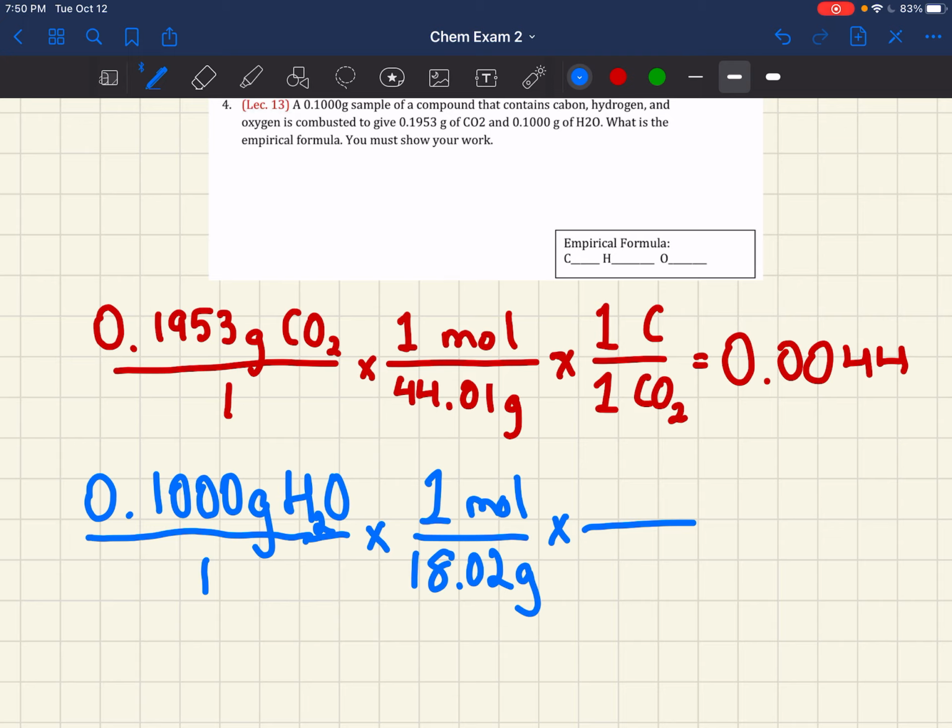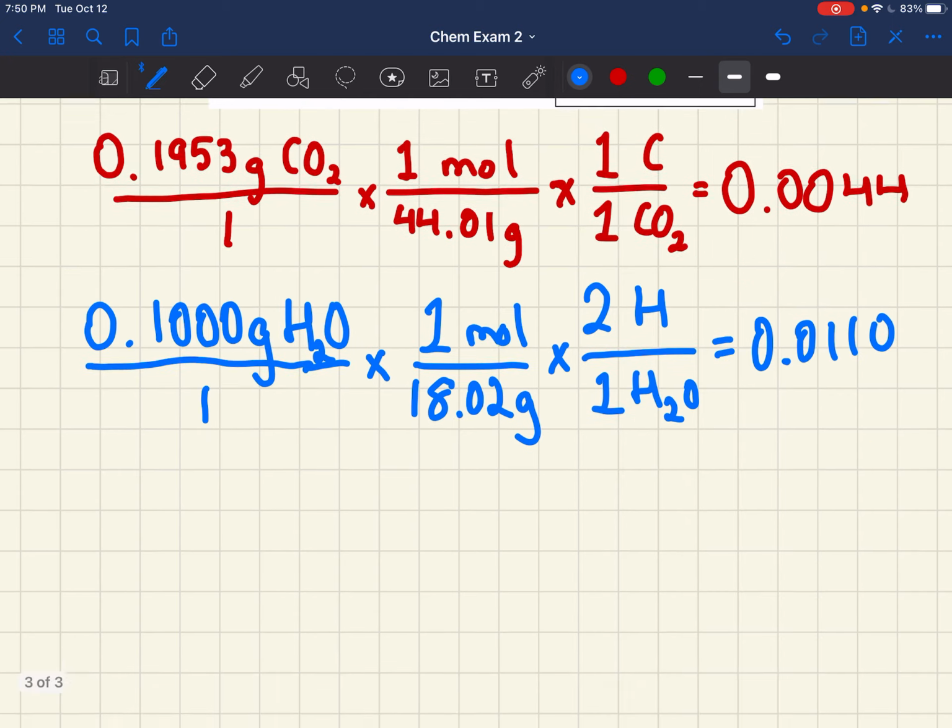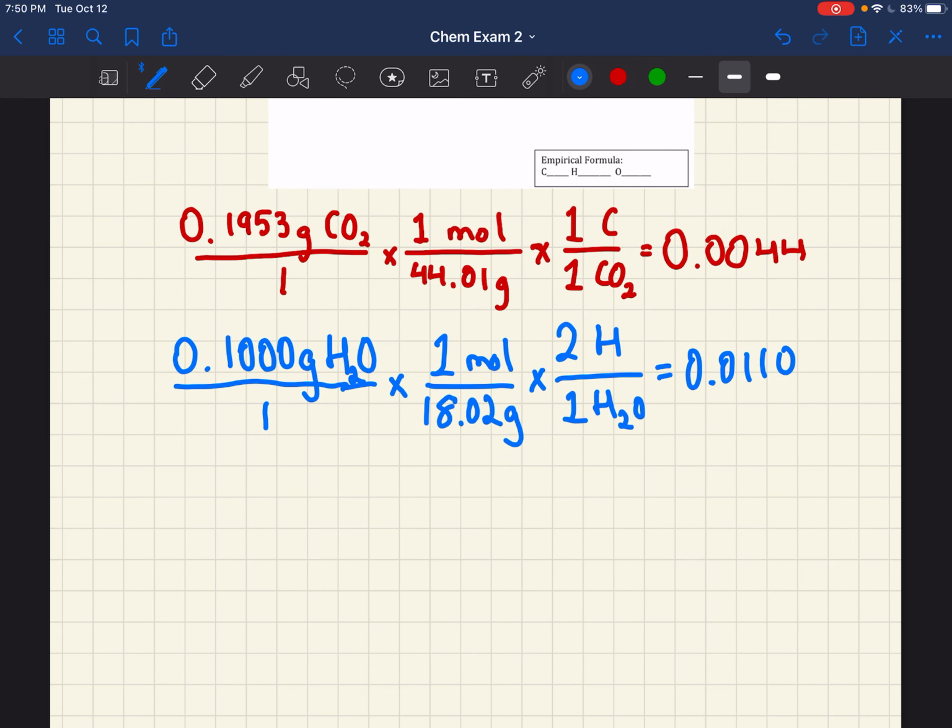It's going to throw everything off if you don't remember this. So here, how many hydrogens are there in an H2O? It's 2 because there's H2O. So you'll end up getting something like 0.0110.